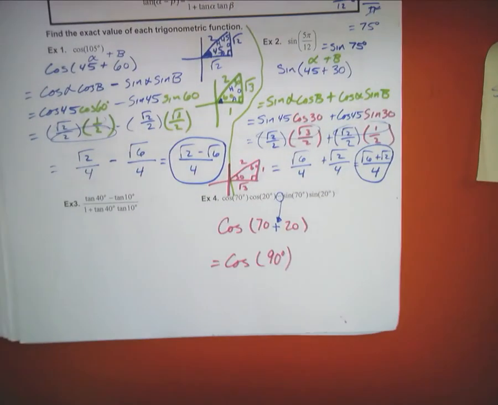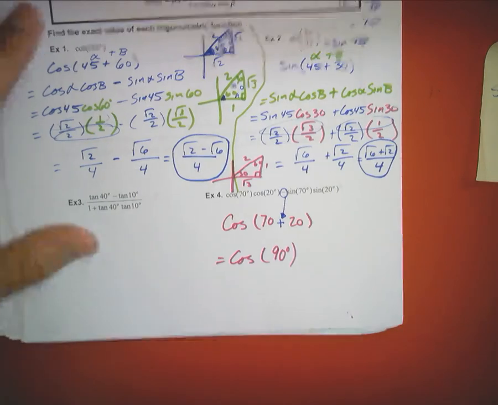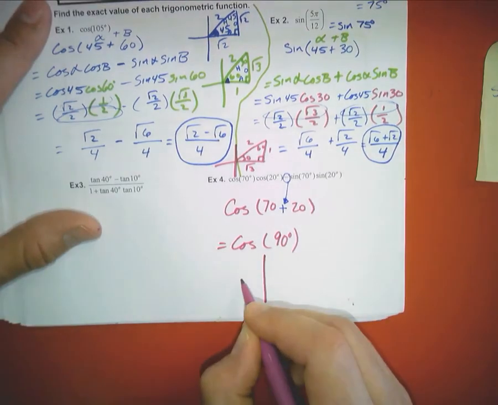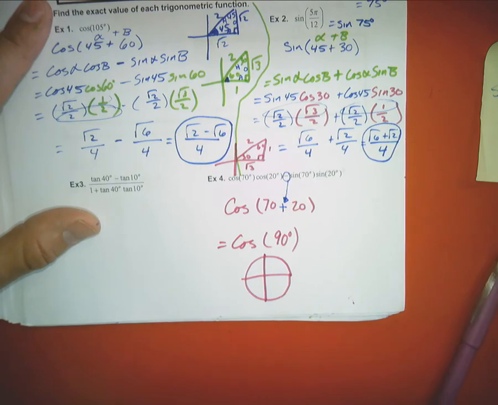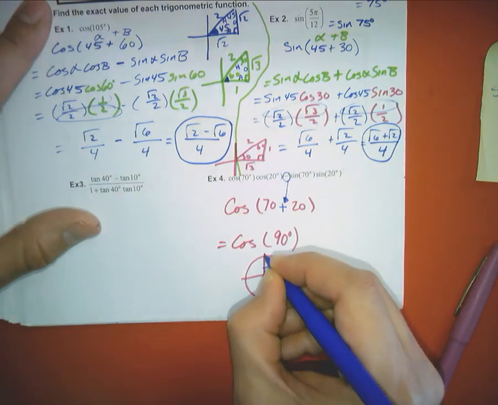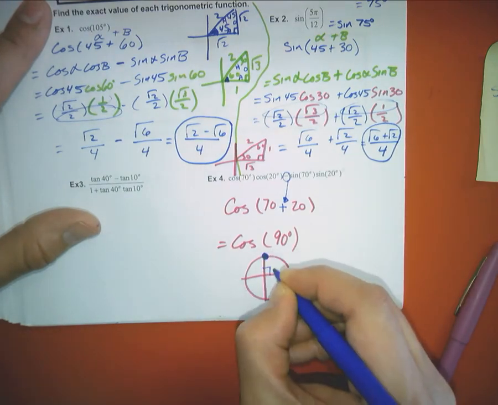Now, when we have an angle that is a multiple of 90, like 90, 180, 270, 360, and so on, we are not thinking triangles. We are thinking the quadrantal circle. And you guys agree 90 degrees is up here?